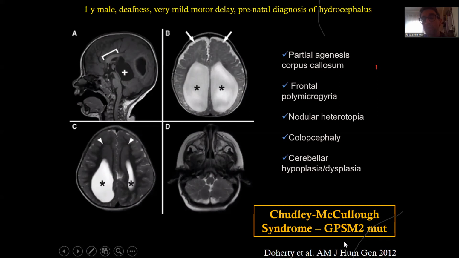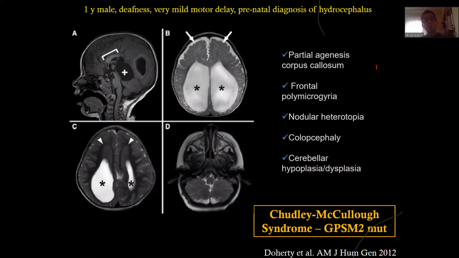Think of this syndrome, think of this gene. Why is this so important? Not just because we want to look very bright, but because these children, despite this very wide spectrum of malformation in the brain, do very well. They are almost normal apart from the deafness. So this is a very good prognostic factor to get from the diagnosis on your scan.